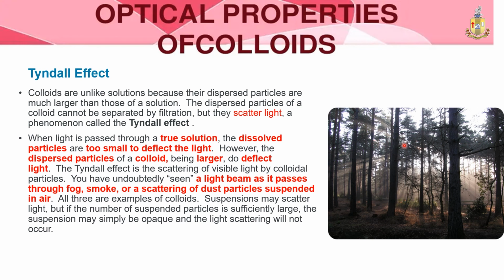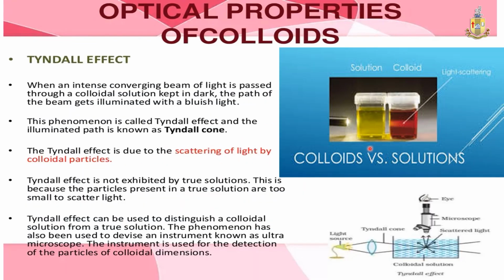So what is the reason behind it? If you look at this picture, on the left side you have a solution, and on the right side you have a colloid. When you pass light through these two, on the left side you do not observe anything much, but on the right side you can literally see the path of light.